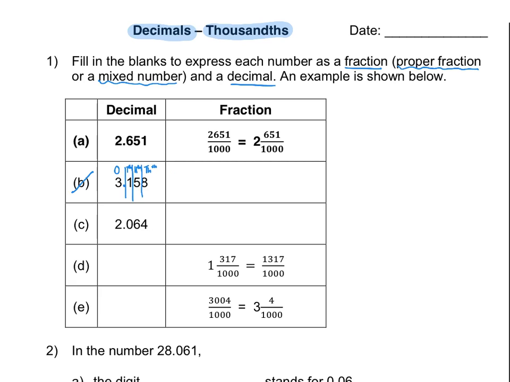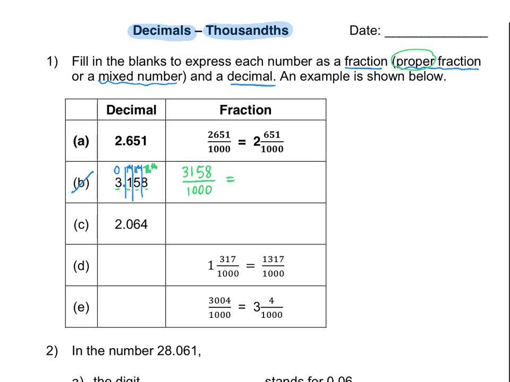Next we need to decide which is the smallest place value. That is the thousandths place. So we know that our fraction has to be out of a thousand. There are 3,158 thousandths, and we have to write it as a proper fraction.